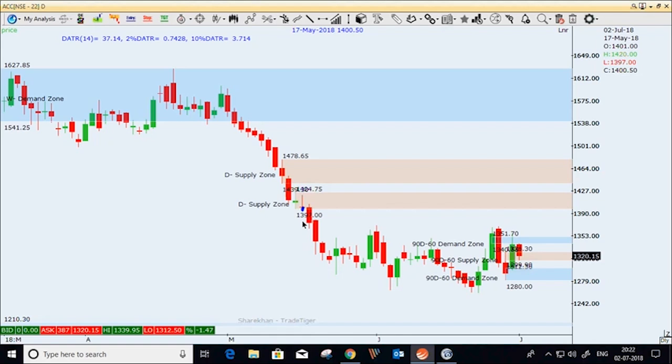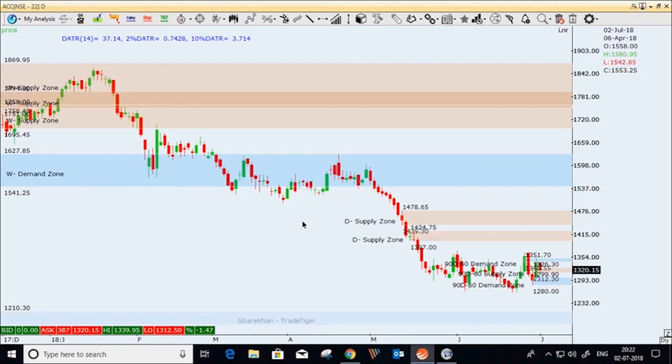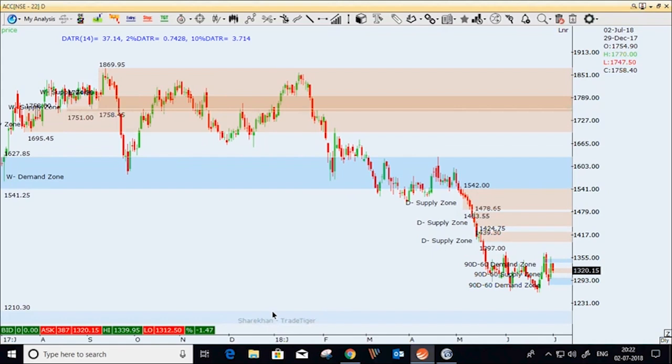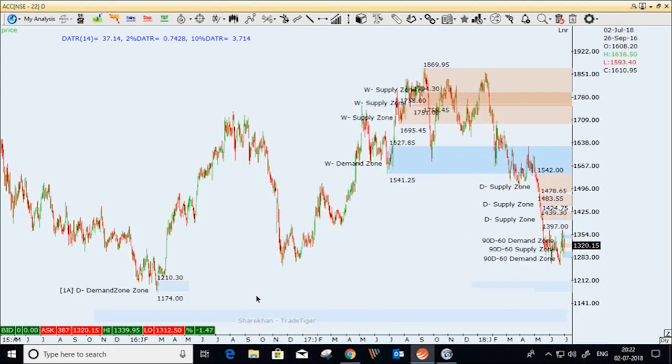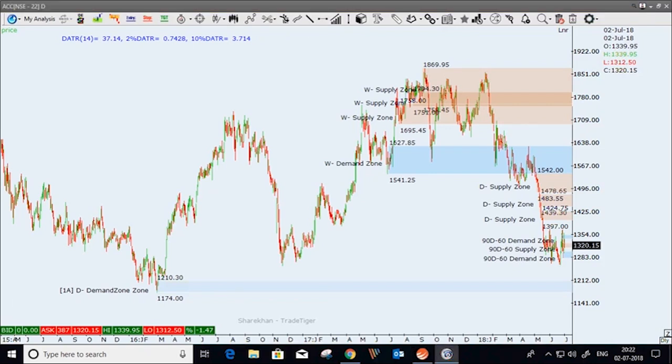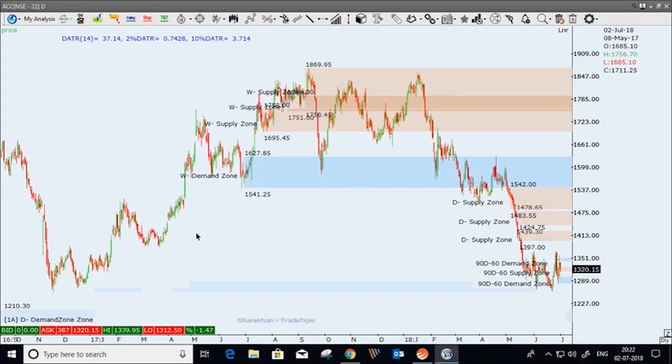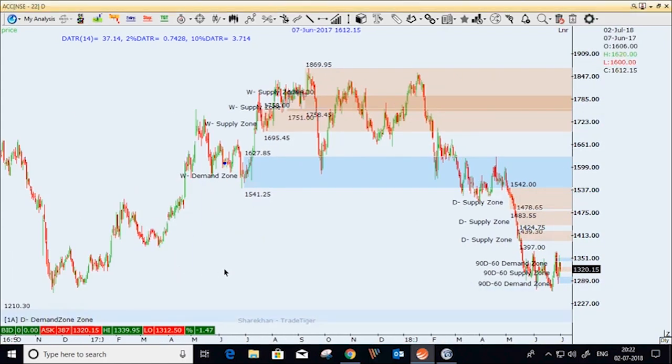If you practice, you will also be able to find them out very, very easily. Okay, it's not difficult at all. So by now we have learned all the three important zones, and if you practice, they will give a lot of great trades to you. So do practice a lot, and hopefully you will get beautiful trades out from there.